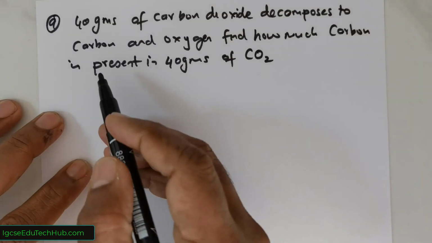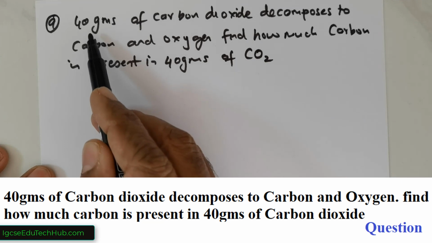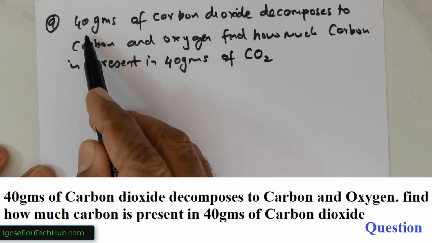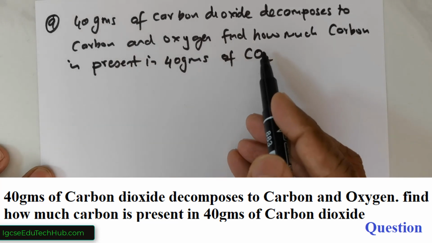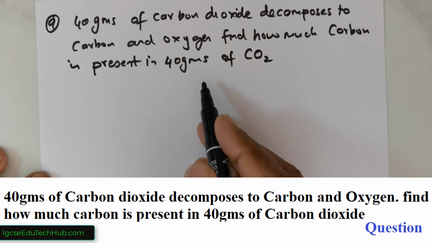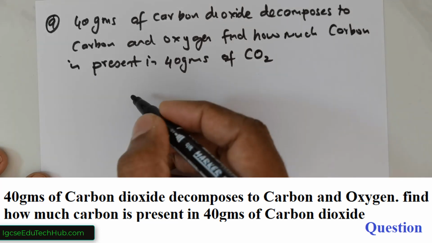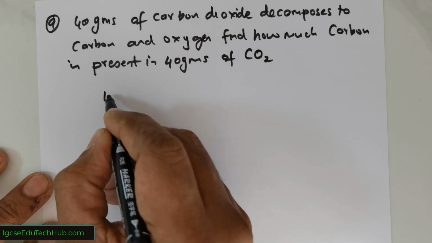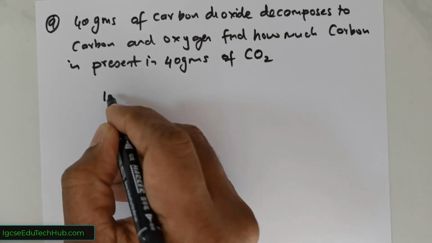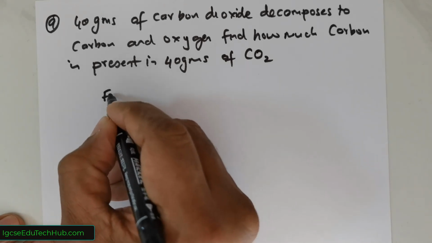We got an interesting question. This is the follow-up question to the previous one. It states the following: 40 grams of carbon dioxide decomposes to carbon and oxygen. Now find how much carbon is present in 40 grams of carbon dioxide. Now from the previous question, it is stating the composition of carbon and oxygen. I'm going to write that, the information from the previous question.